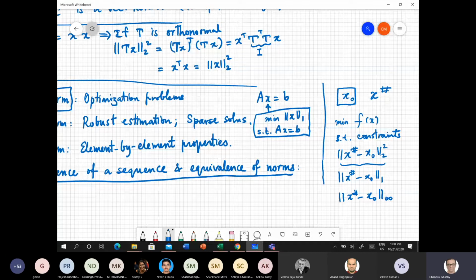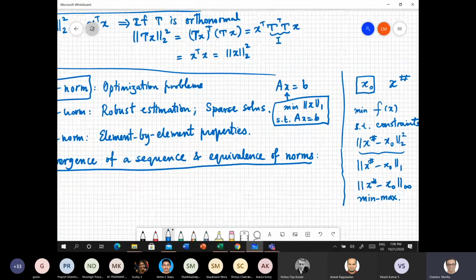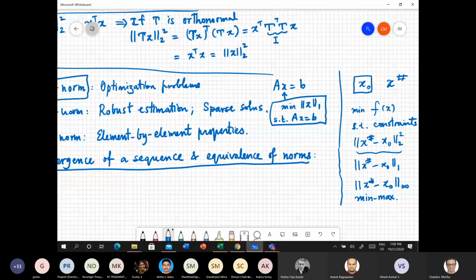So this is typically used in what are called min-max type of problems, where what you want to minimize is the maximum deviation across all entries between x hash and x naught. And when that is important to you, then you would use the L infinity norm. Okay, thank you, sir.